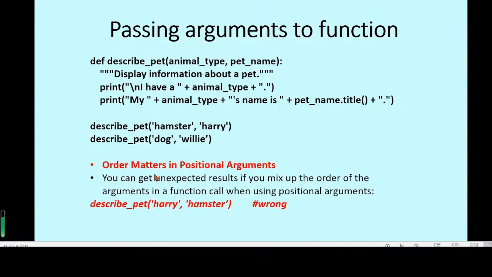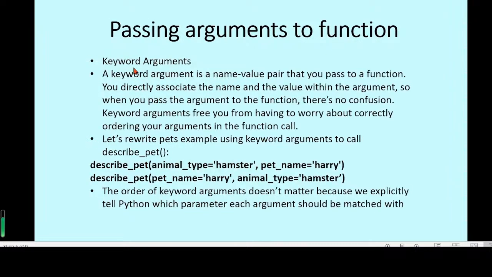So order matters in positional arguments. You can get unexpected results if you mix up the order of the arguments in your function call when using positional arguments. For example, if you call this function but write the order as Harry, hamster, this will print a message that is not what you want.